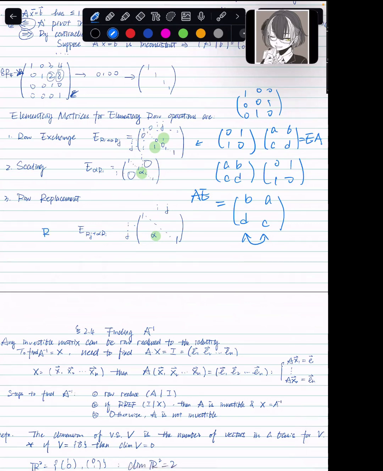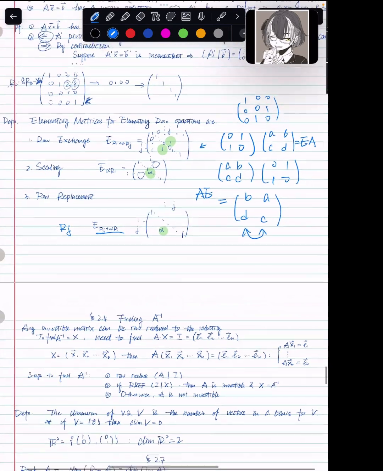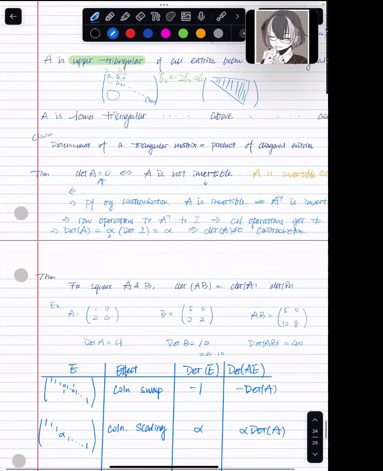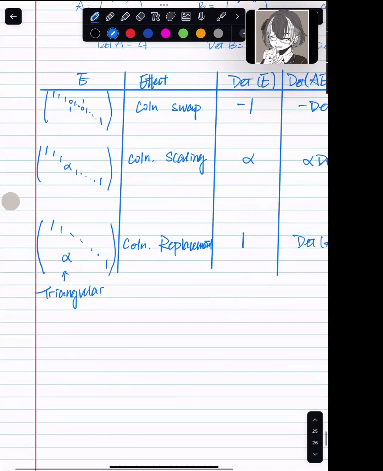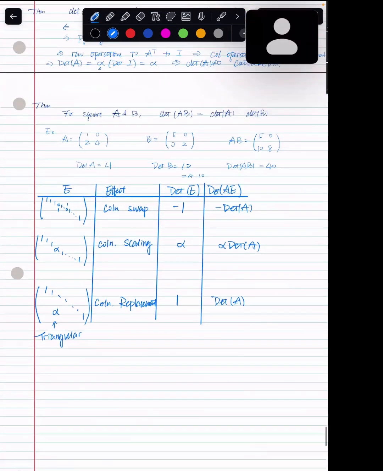This one is to replace row j with this. And then we know this is a triangular matrix because everything here is 0.